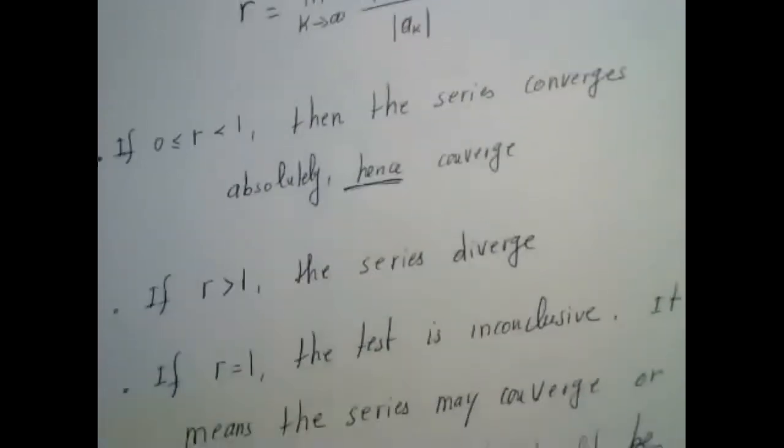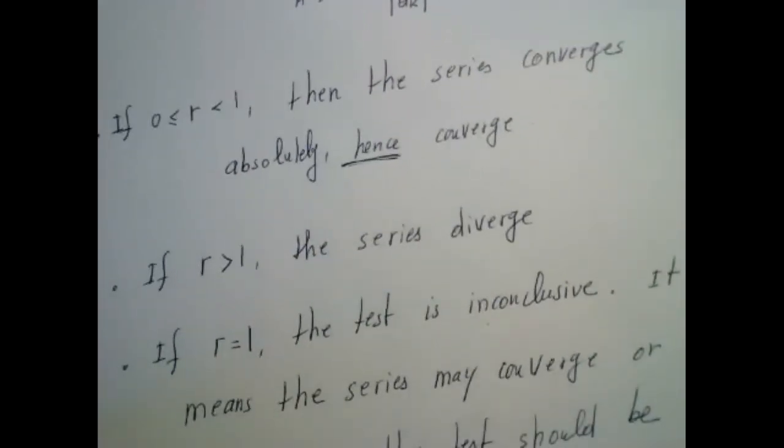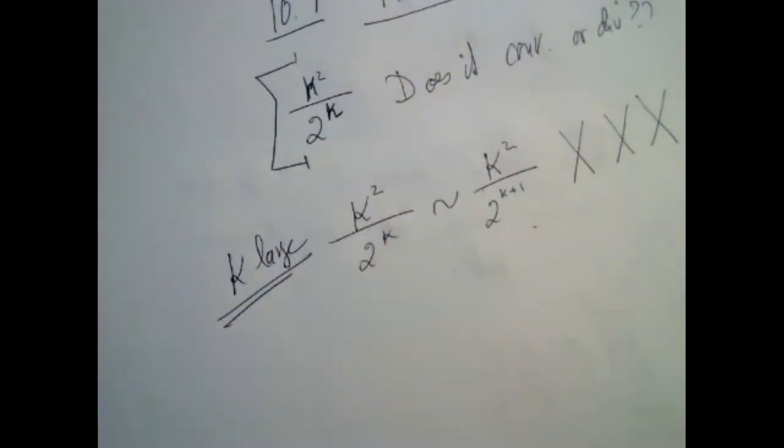Sure, anytime. Any other questions before we proceed and start applying it? Now I'm going to go back to this series and we're going to see whether it converges or diverges. We're going to practice the ratio test today to check the convergence.